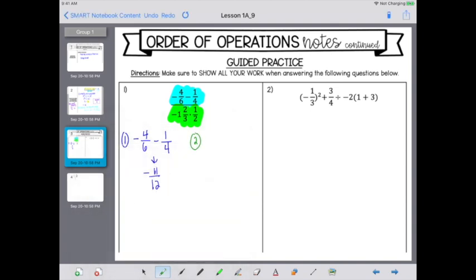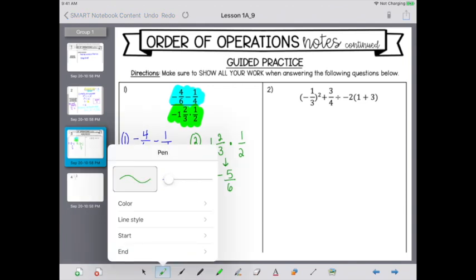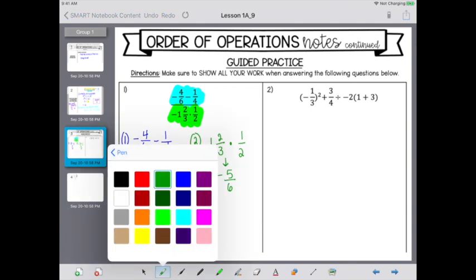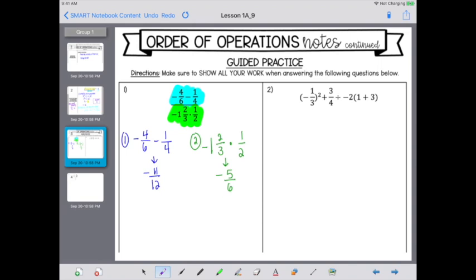Number 2, we want to simplify our denominator. So now we have negative 1 2/3 multiplied by a half. We're going to use our calculator and we're going to get negative 5/6. So now the third and final step, we need to make sure we're taking both values, our numerator, which was negative 11 over 12, divided by negative 5 over 6.